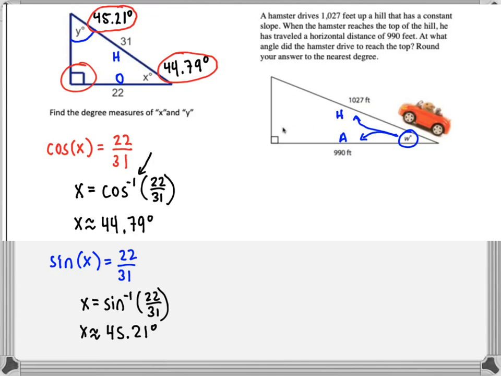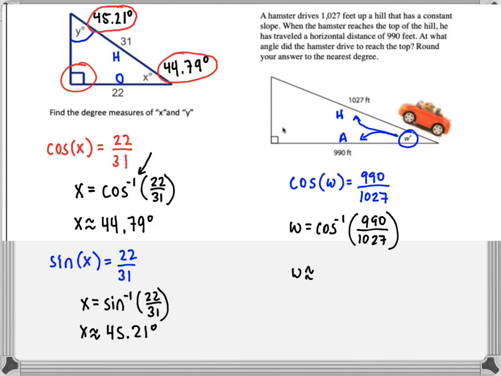So, knocking this thing out, we would have the cosine of W equals the adjacent, this guy right here, over the hypotenuse. Solving like we did the last problems, W equals the inverse cosine of 990 over 1027, and W is going to equal approximately 15.4.